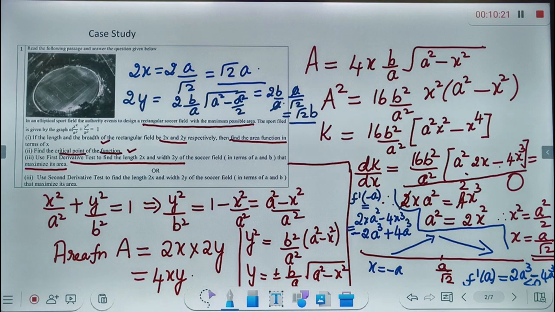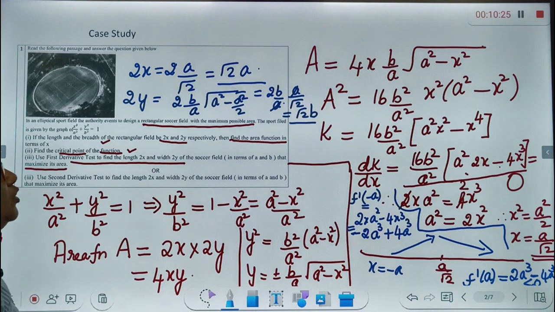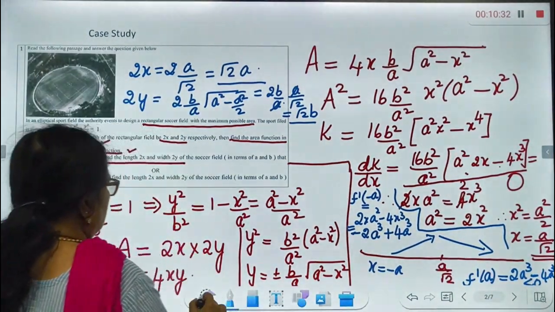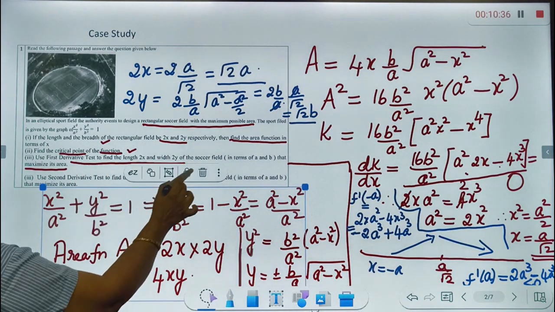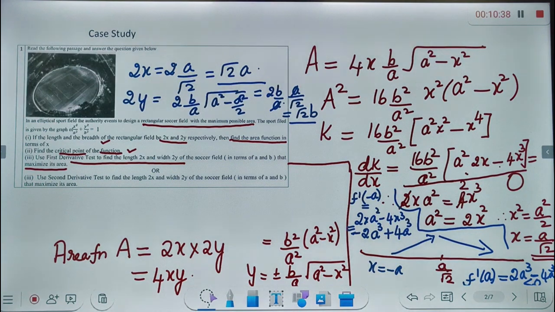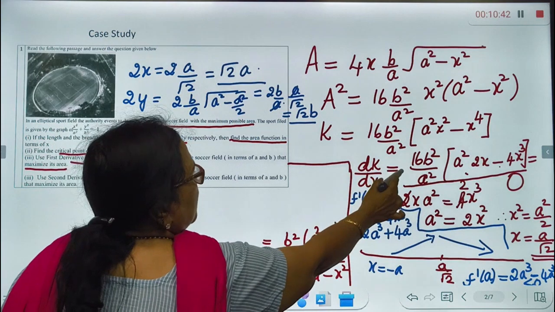Now, what will be the sign of the second derivative? Now, use second derivative test. How to find the second derivative? This is the first derivative.